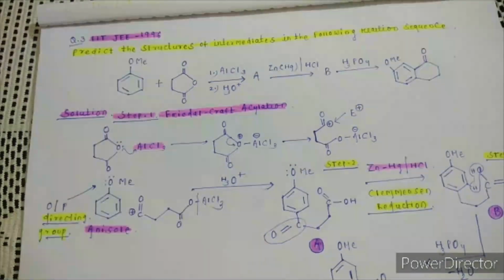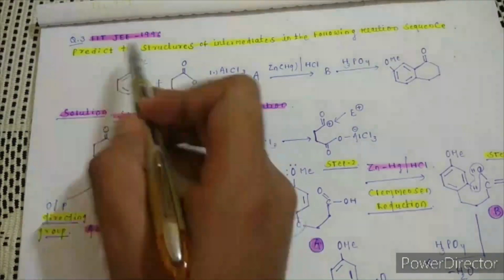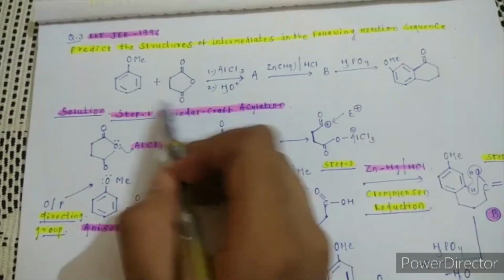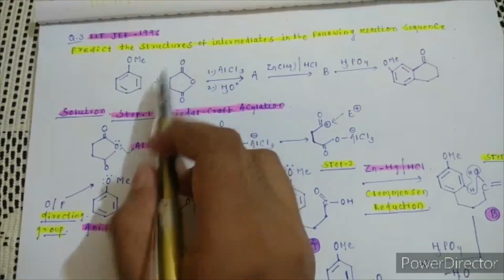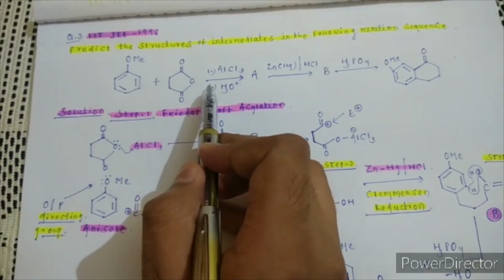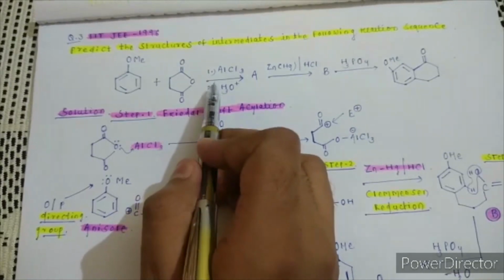Here the benzene consists of an ortho-para directing group, the anisole compound, and this is an acylating compound. That means this is acylation. You know Friedel-Crafts acylation, so the first step is Friedel-Crafts acylation.